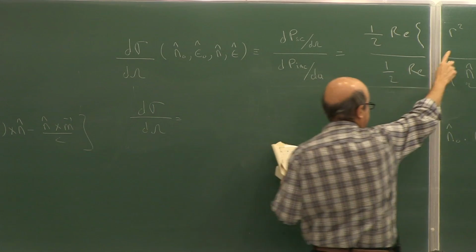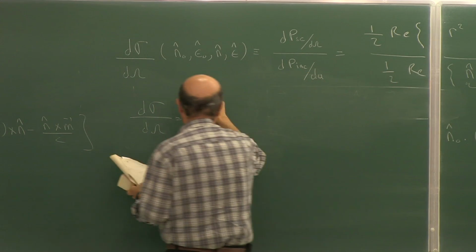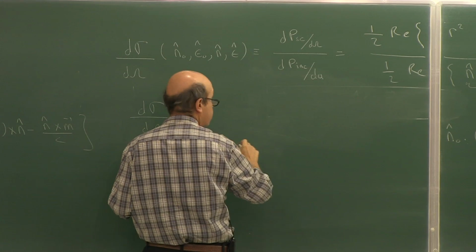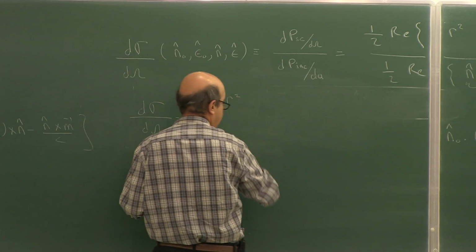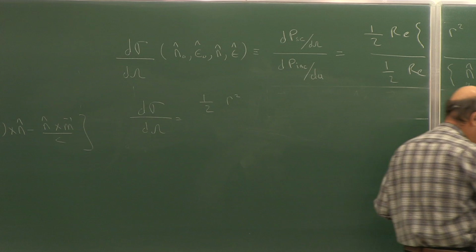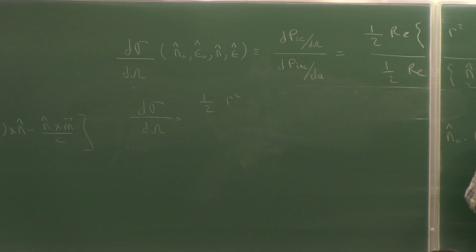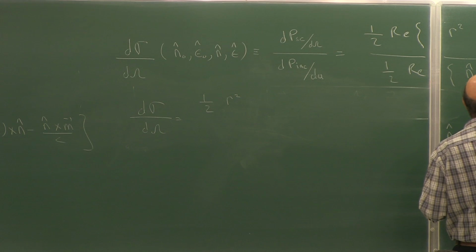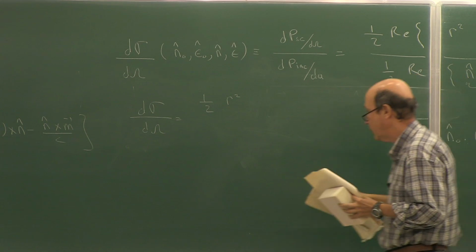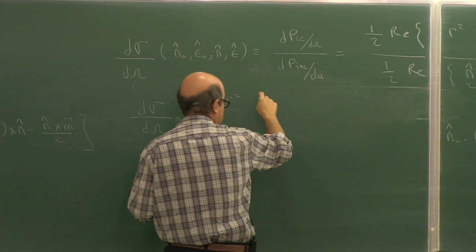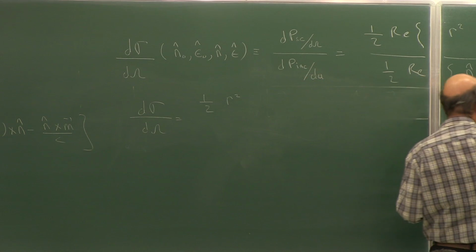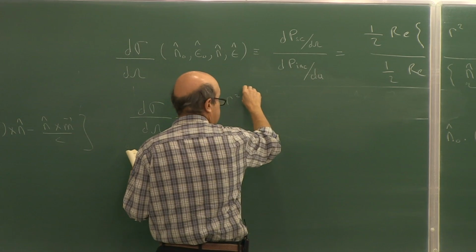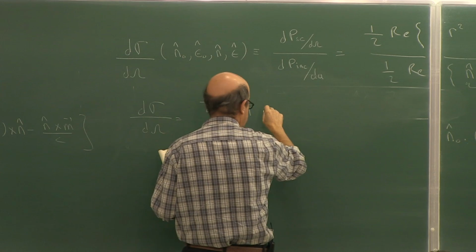From the above term, you have 1/2 r square and epsilon, the polarization after the scattering, and that product with the scattered wave. If you do the same work for the above term, you will get exactly the same structure, and that will give you the following.